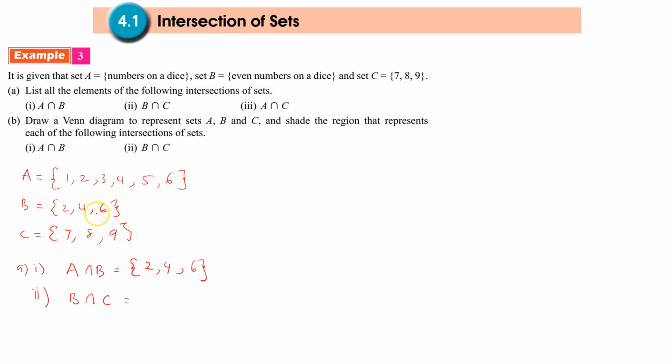No. 2, 4, 6 are not in C. All elements are different. Since there is none, we write phi.